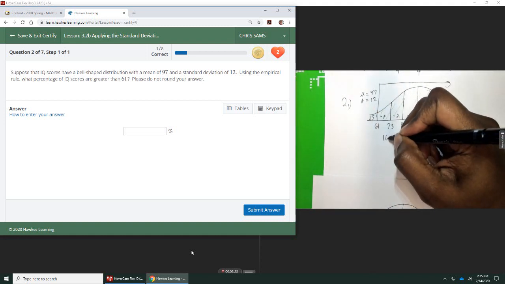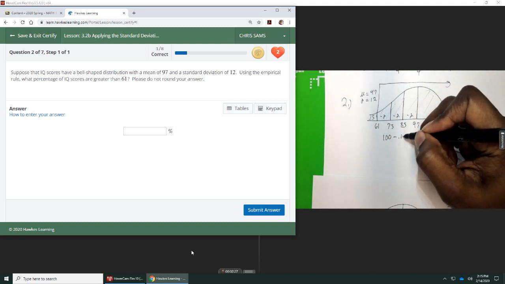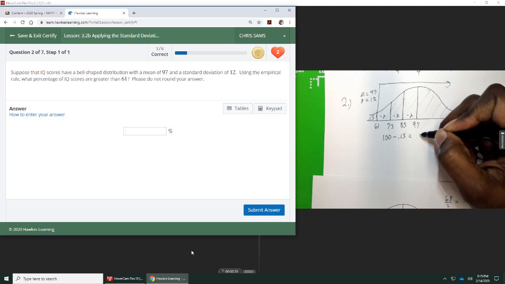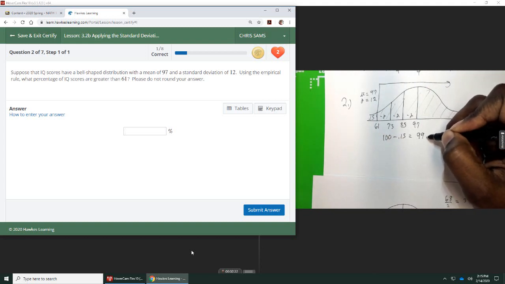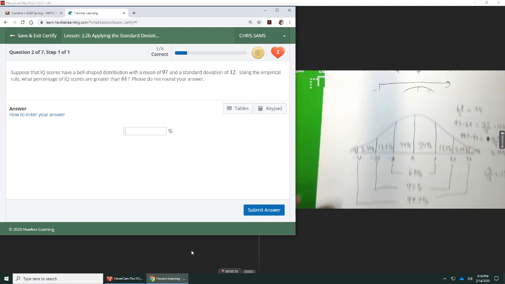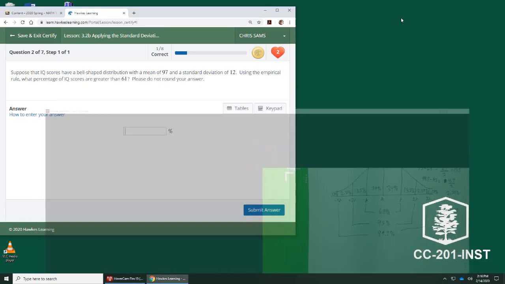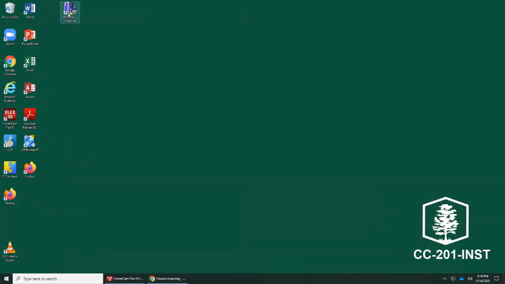If I do 100 minus what I don't want, 0.15, this leaves us with 99.85%.